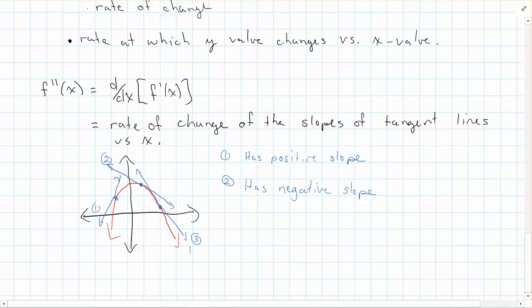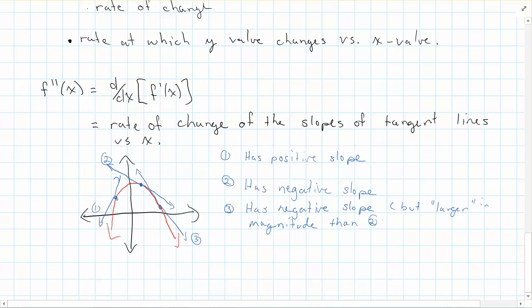And if I look at here, number 3, 3 also has negative slope, but it's larger in magnitude than number 2.